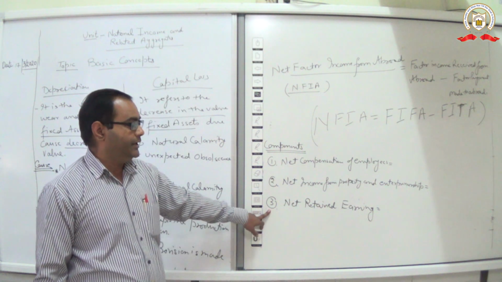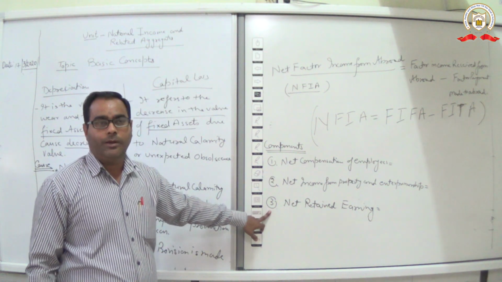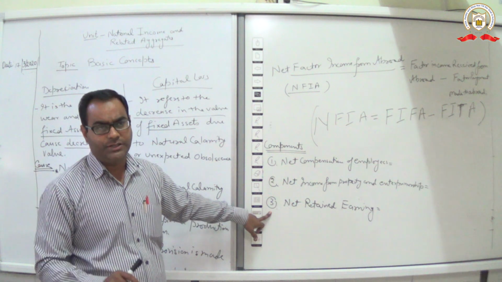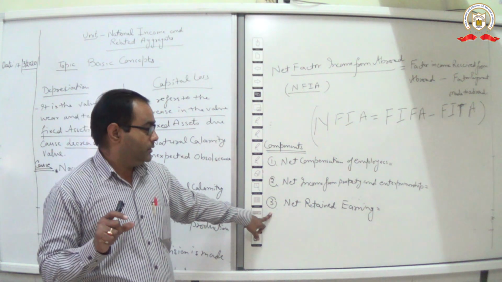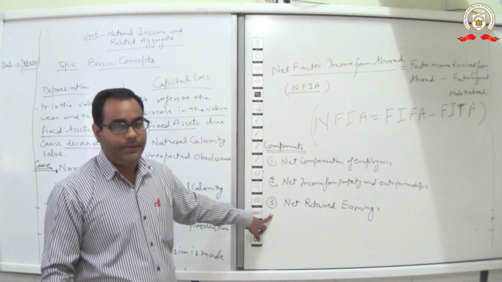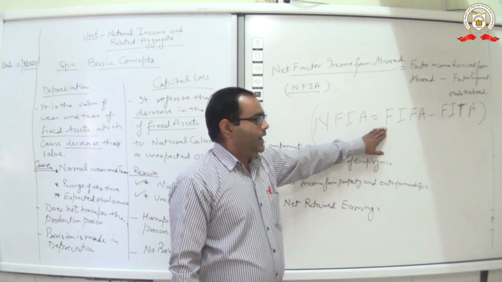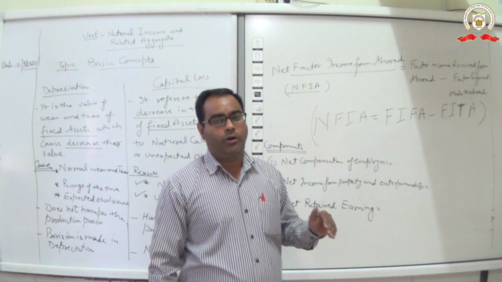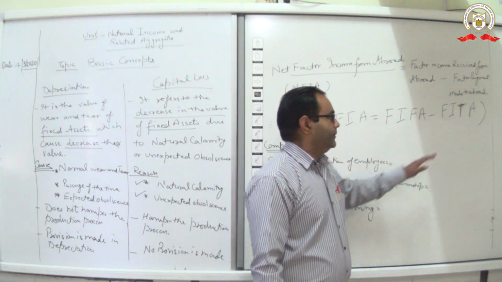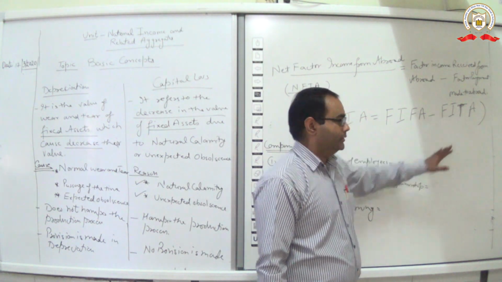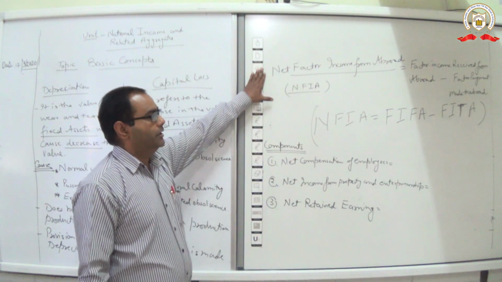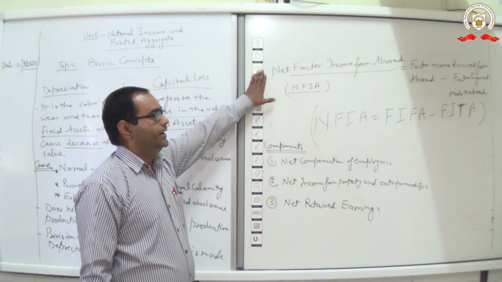Last, net retained earning. It refers to the part of profit which is received by the resident companies from abroad and similar payment made to non-resident Indian companies abroad. The term comes under the heading of NFIA.